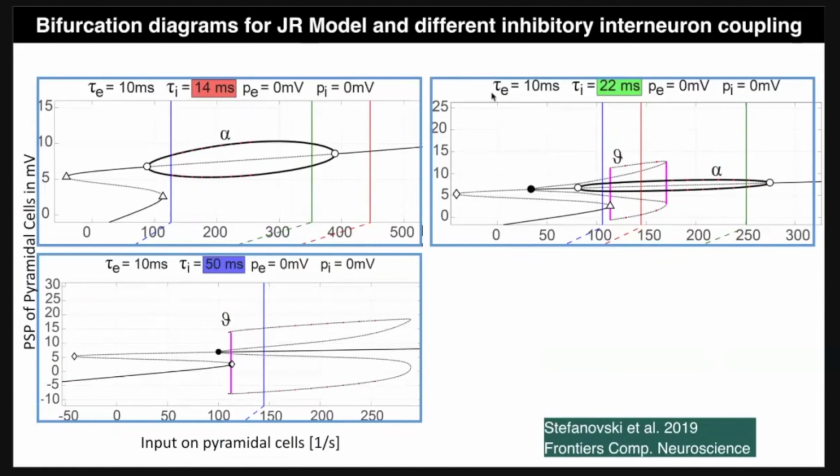And just by changing the value of this parameter, in dependence of the beta burden that we derive from the PET data, we see how the repertoire of the system changes from a single limit cycle generating alpha activity in the top left panel to 2 limit cycles generating theta and alpha activity in the top right panel to just 1 limit cycle generating theta activity in the bottom left panel.